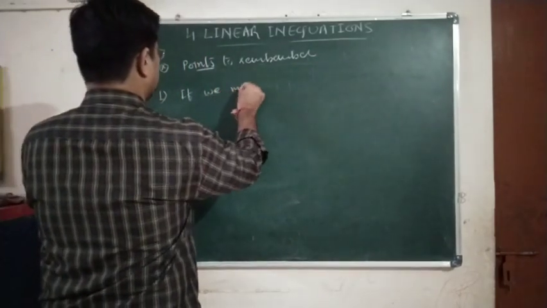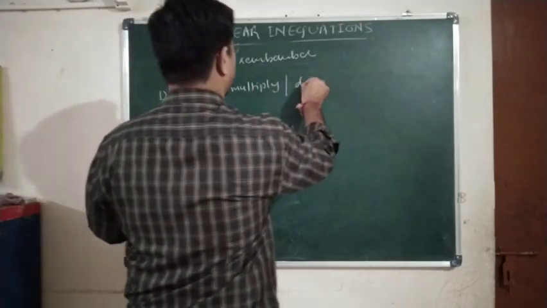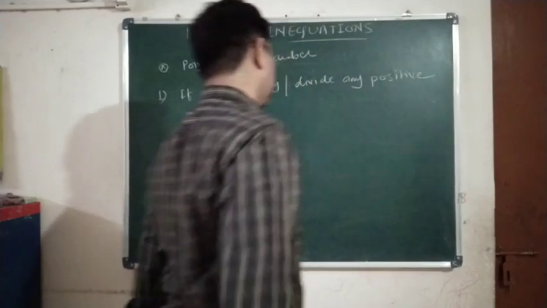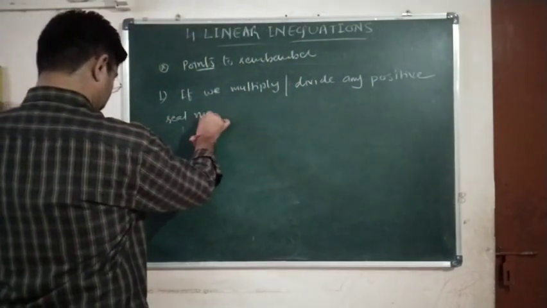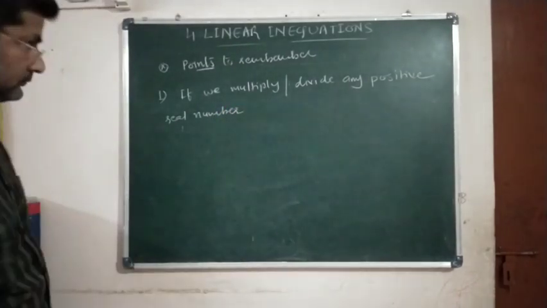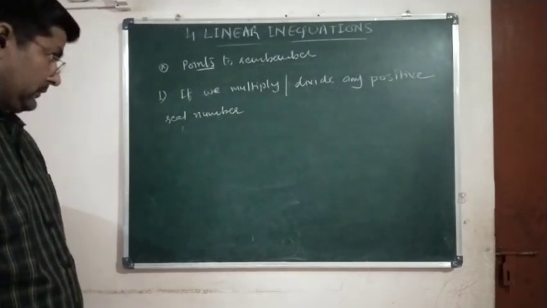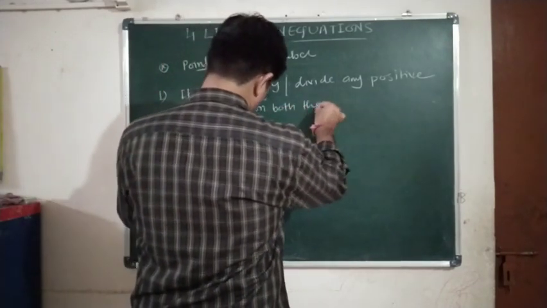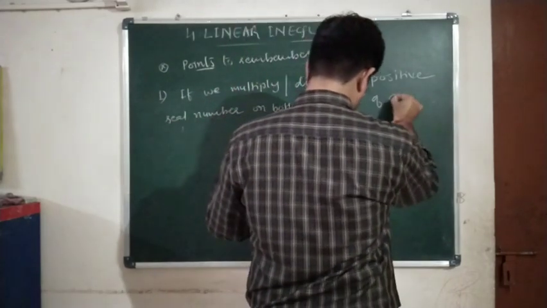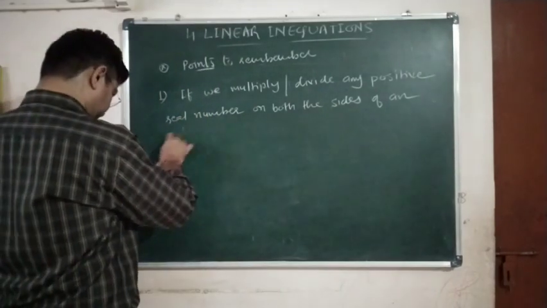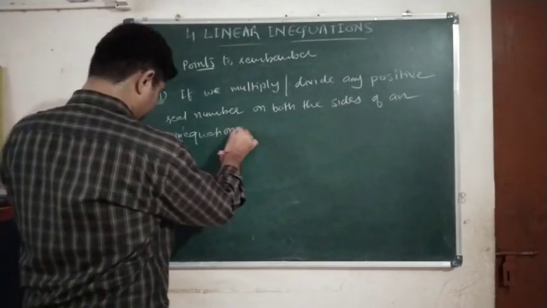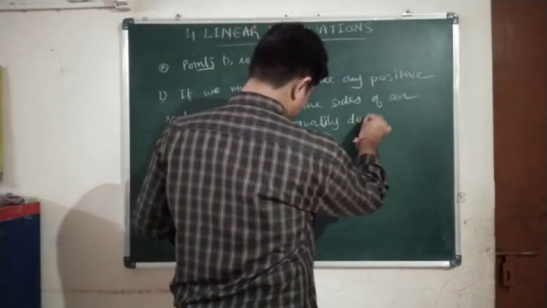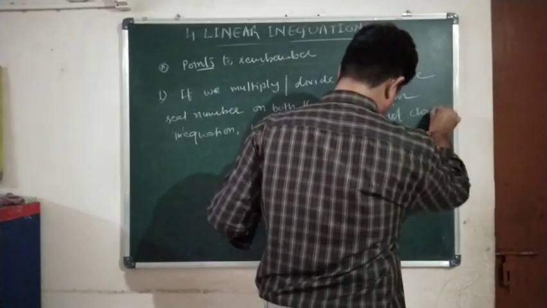Okay, if we multiply or divide any positive real number on both the sides of an inequation, the inequality does not change.